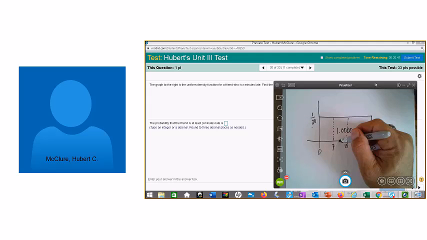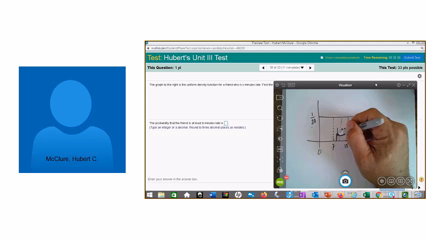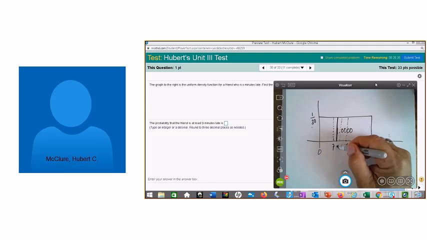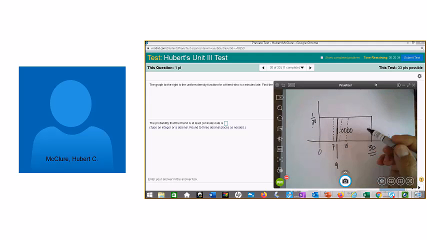So 9 minutes will be somewhere in here. They want to know at least, so they want this area right here, because your lowest number is 9.